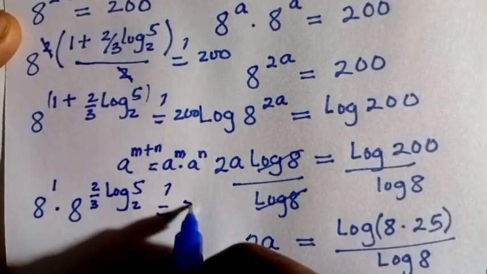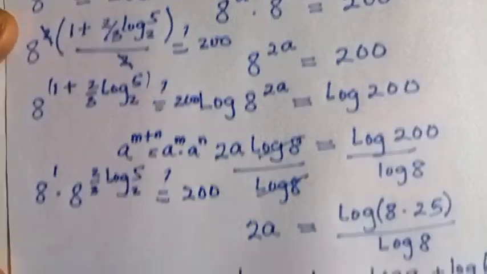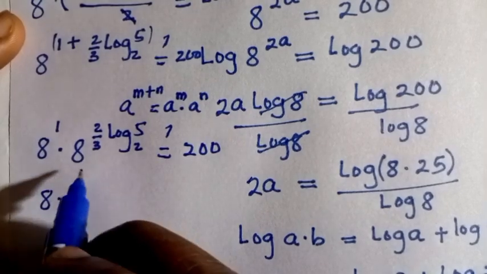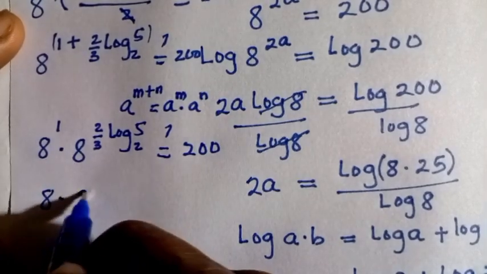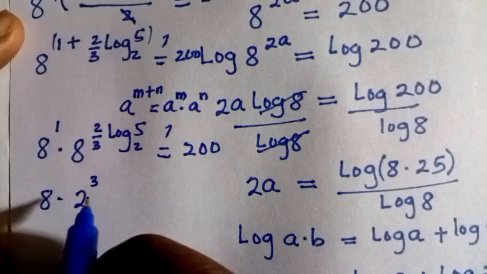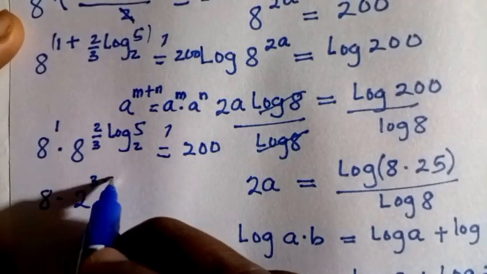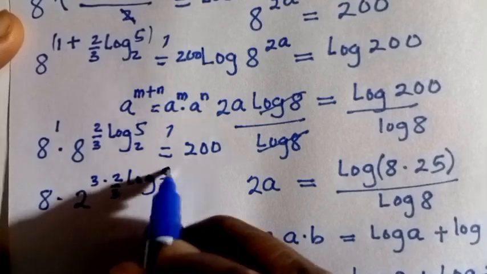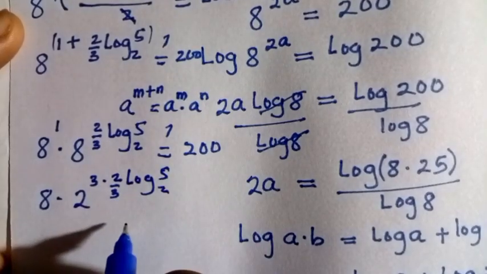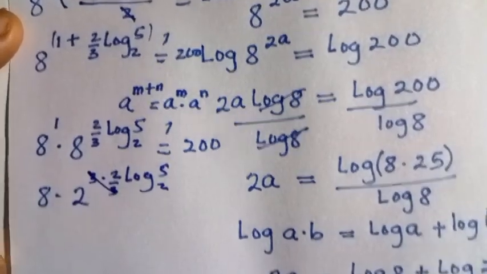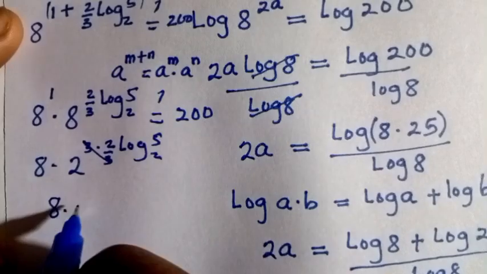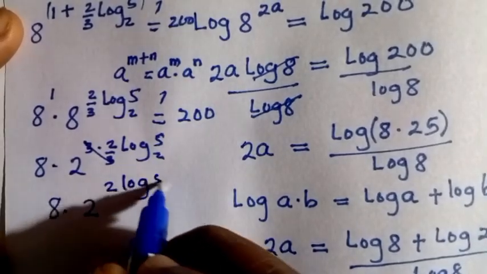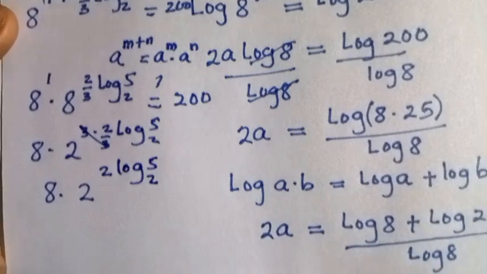We want to check if this equals 200. Here 8 to the power 1 is 8, multiplied by, we can write 8 as 2 to the power of 3, then multiplied by 2 over 3 log 5 base 2. So 3 cancels 3, we have 8 multiplied by 2 to the power of 2 log 5 base 2.